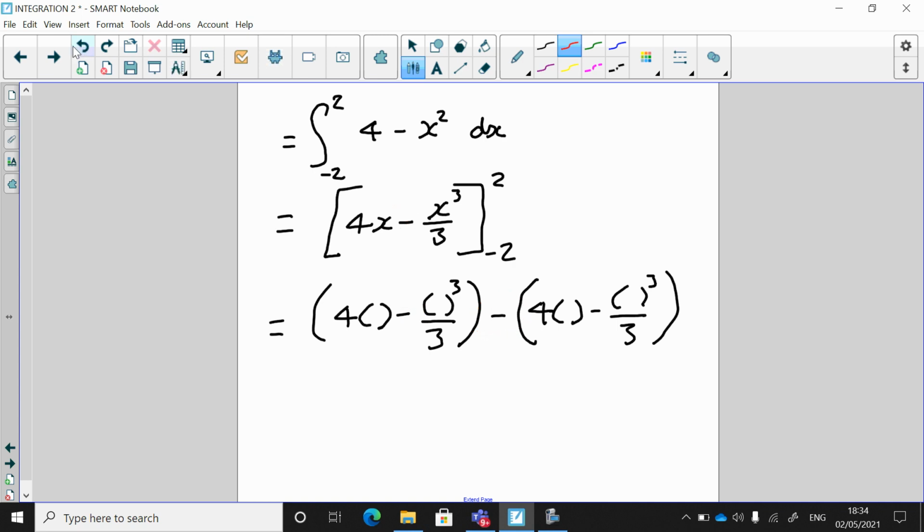Right. Let's put in my limits here. So the upper limit of 2 is going in there and there, and the lower limit is going in there and there in the second bracket.